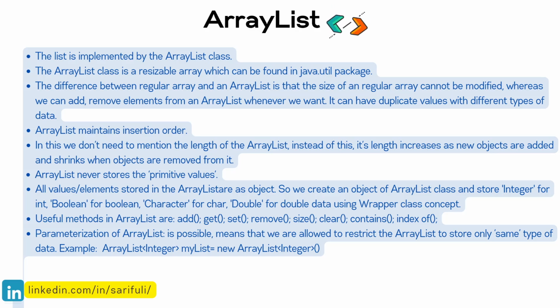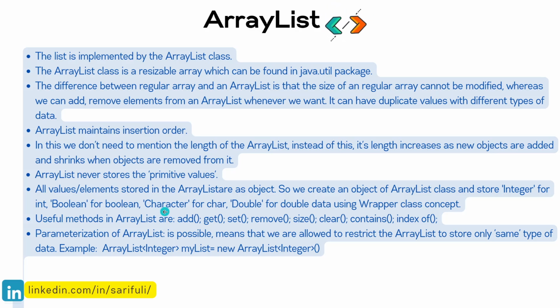Examples are Integer, Character, Double, Boolean, or String. These are the full names, not int, but Integer. Integer is itself a class. Boolean is itself a class. Character is itself a class, and String is itself a class. Those are called wrapper classes.